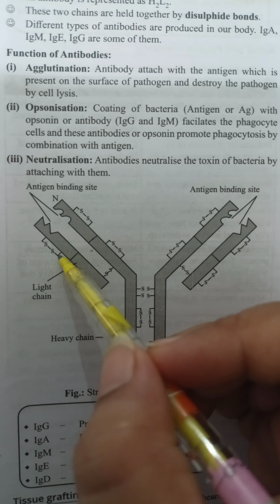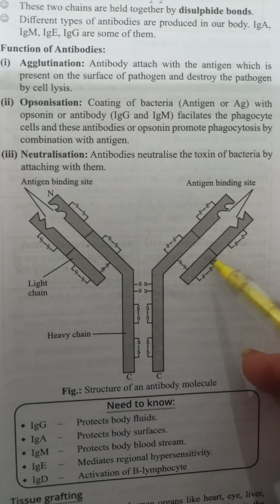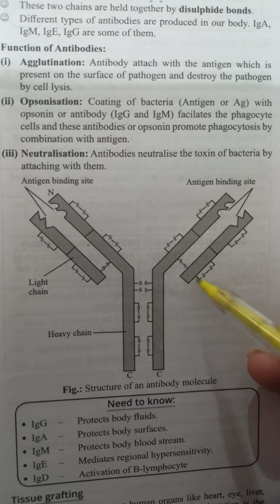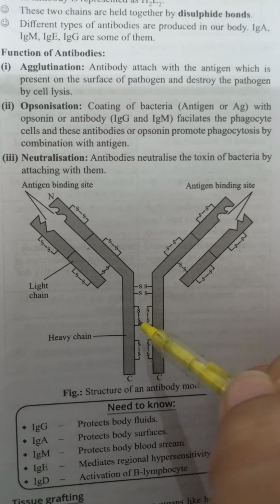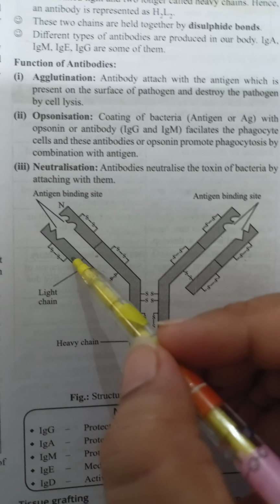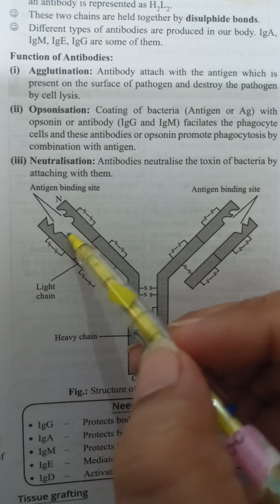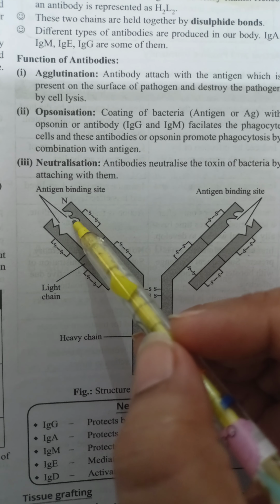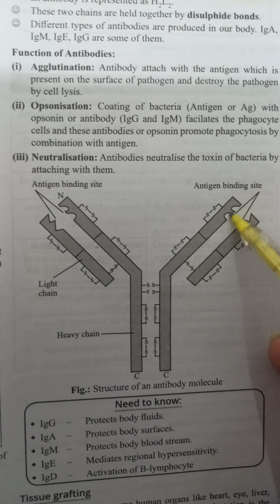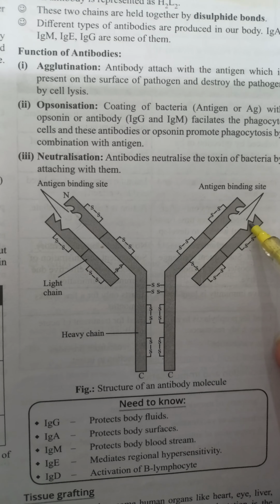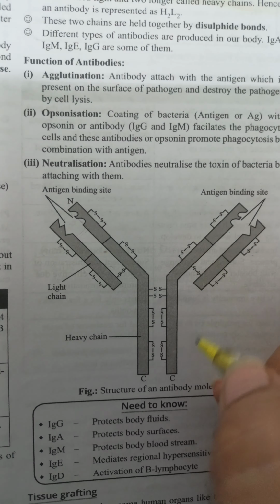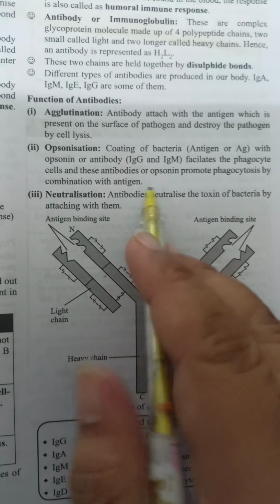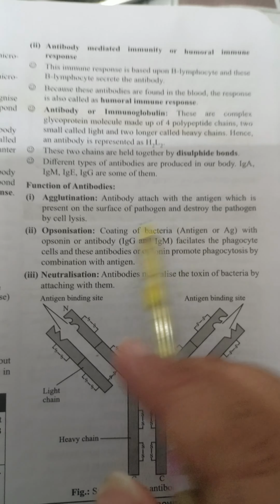You can see the disulfide bonds present between them, and these are the antigen binding sites. Whenever the antigen or foreign particle binds here, the antigen antibody reaction will take place, right? This is the amino terminal, this is the carboxy terminal. So this is the structure of immunoglobulin.